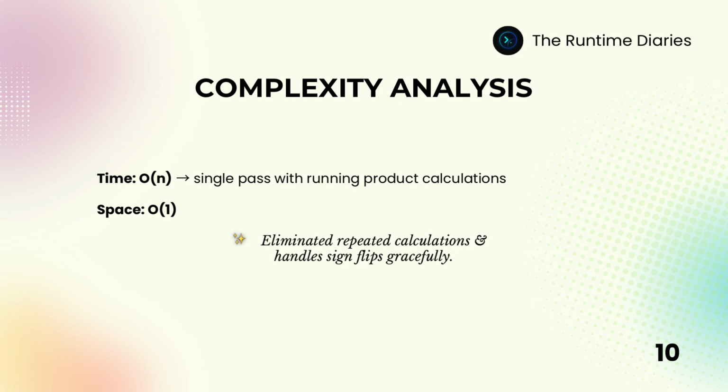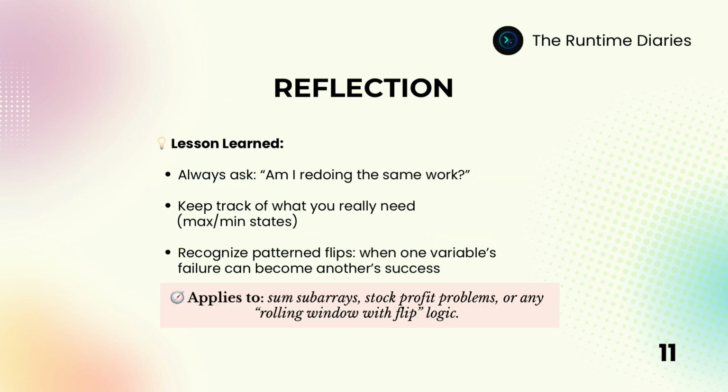This problem is such a great teacher for algorithmic thinking. The big takeaway here? Always ask yourself, am I doing the same work more than once? Then, identify what information you can carry forward. In this case, remembering both extremes, the best and the worst, turned a messy O(n squared) approach into a beautiful O(n).